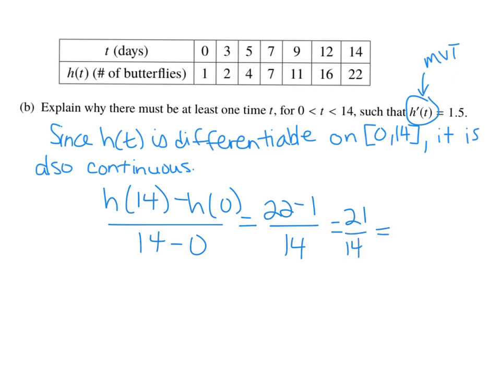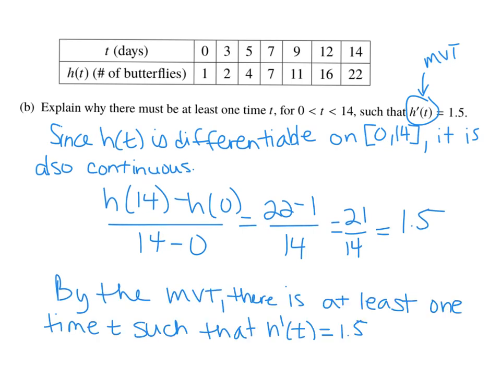That does reduce down to 3 over 2, which is 1.5. So we're good on that one. So you can say, and then by the mean value theorem, there is at least one time t such that h prime of t equals 1.5. So you can just do what I did. I just pretty much restated the question. That's perfectly fine if you're not sure what to write.